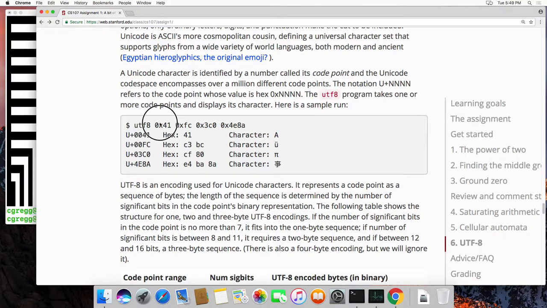And if you look at it, you can actually print out, if you give it hex 41, that goes and looks it up in the table based on the range we're about to talk about, and prints out the corresponding character.